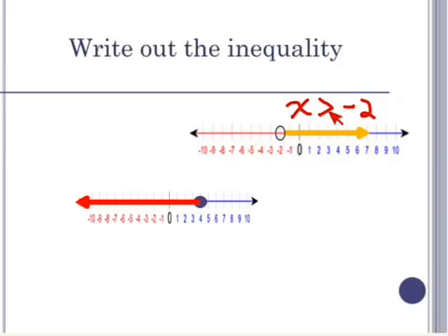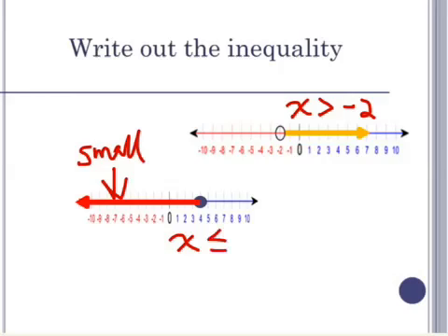Open circles mean no equal. This one's going to be closed circle, so we're going to write all the answers here. All the answers here are small. See, all the answers are in the small direction, so the answers, x, will be less than or equal to 4. So you can look at a graph and translate it into what we call an inequality. This is called writing the inequality.